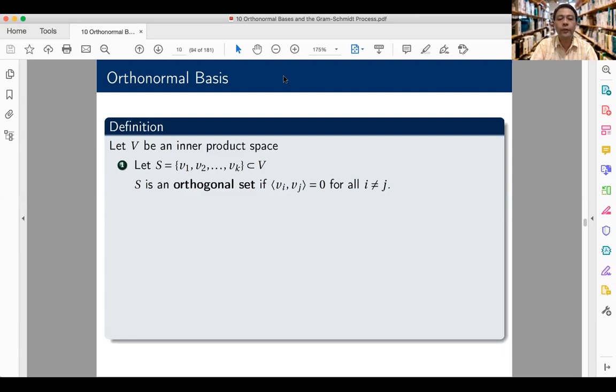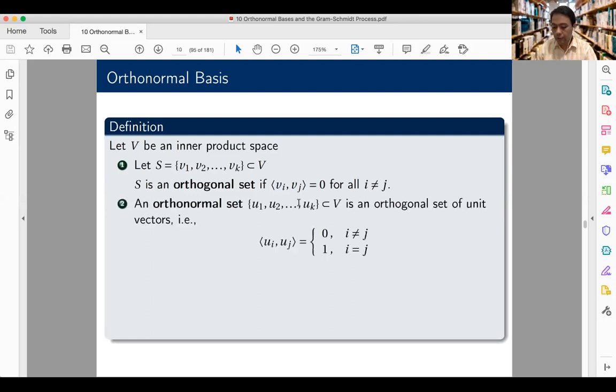Then we say that S is an orthogonal set if the inner product of two distinct vectors in S, Vi and Vj, is 0. Okay, so pairwise, the inner product is 0 for distinct vectors. Then we say that S is orthogonal. Kasi yung bawat vectors in S orthogonal to one another.